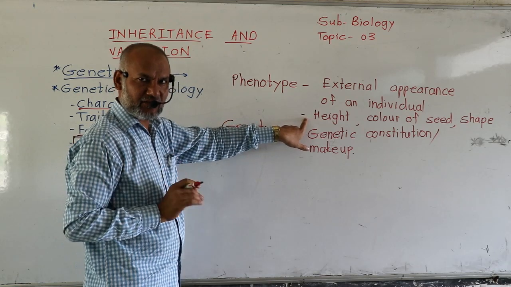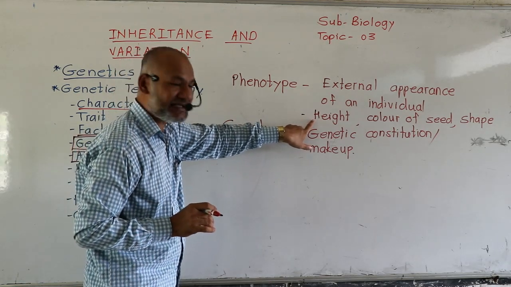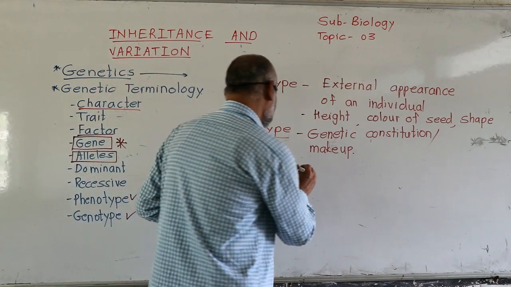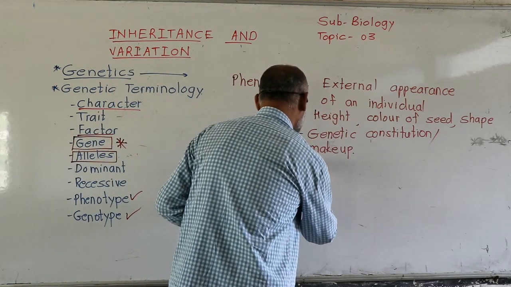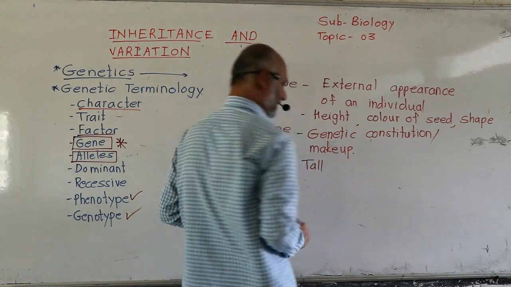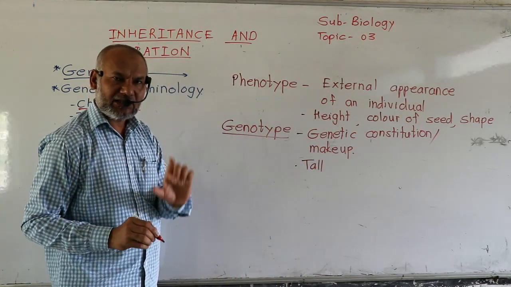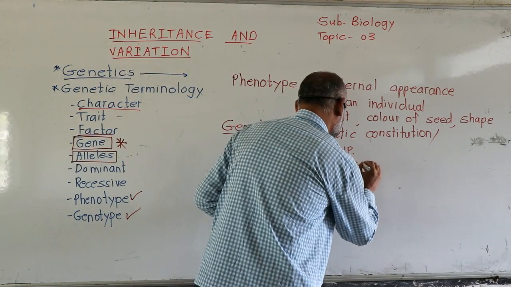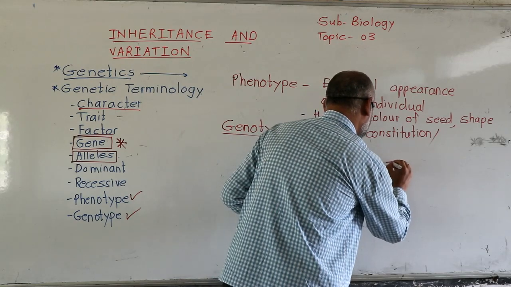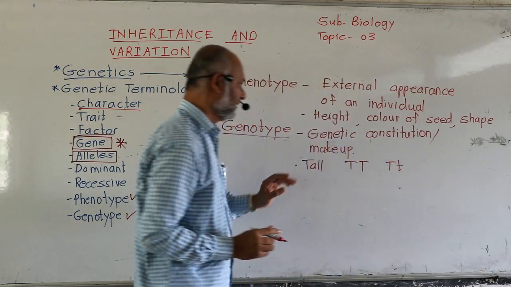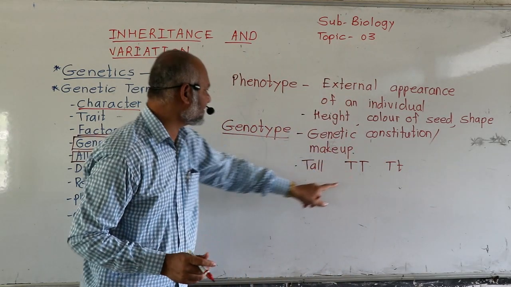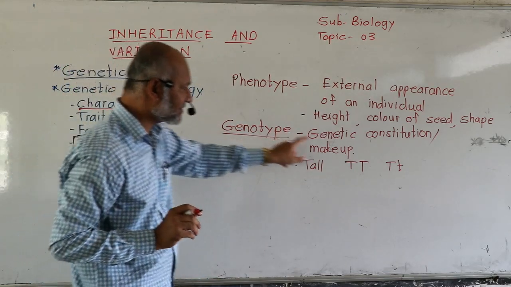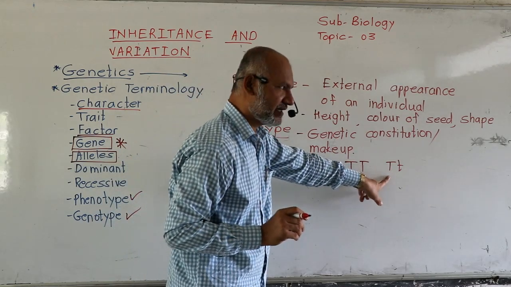Example, phenotype is the height of the plant, and this height character is controlled by genotype. And which genotype? Suppose the height of the plant is tall. Tall plants or tallness is controlled by capital T capital T or capital T small t. Actually, it is the representation of the genotype, the genetic makeup. It is homozygous, it is heterozygous.